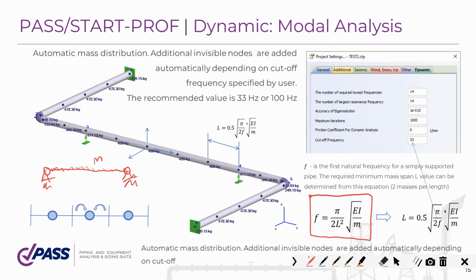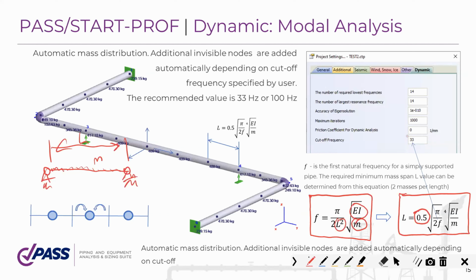So this is the equation for the first natural frequency. This is the stiffness of the beam. This is the distributed mass. L is the length of this beam. So now we can transform this equation into another form and add the 0.5 factor here.